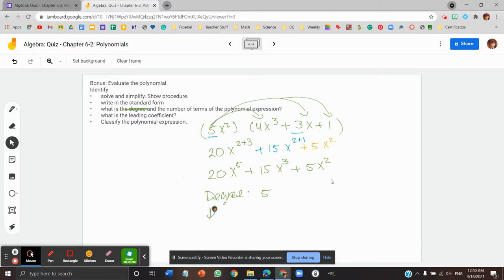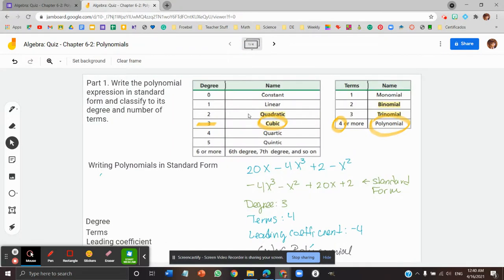How many terms? Well, it has 1, 2, 3 terms. What is the leading coefficient? 20. What is the name, or classify the polynomial? What is the name of that polynomial? Well, if it is 5, we can go back to the table, right? It is 5, so it is quintic.